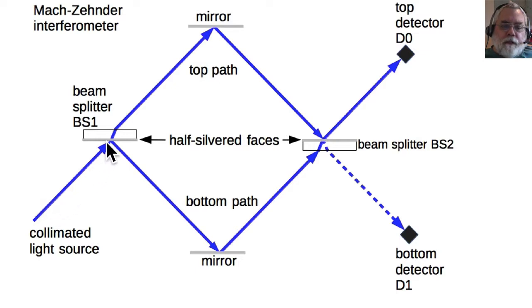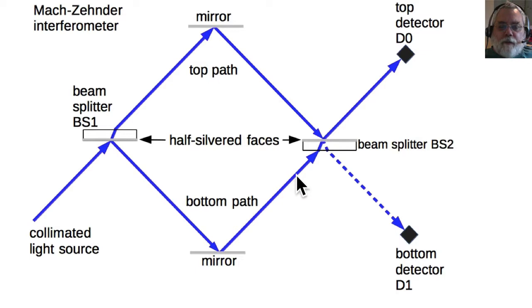But half of the intensity of the original light source will be transmitted through beam splitter 1. It'll be refracted because we're going from air to glass, and then it'll be refracted again when we go from glass to air, and it will take this top path, reflect off this mirror, and head at beam splitter 2.